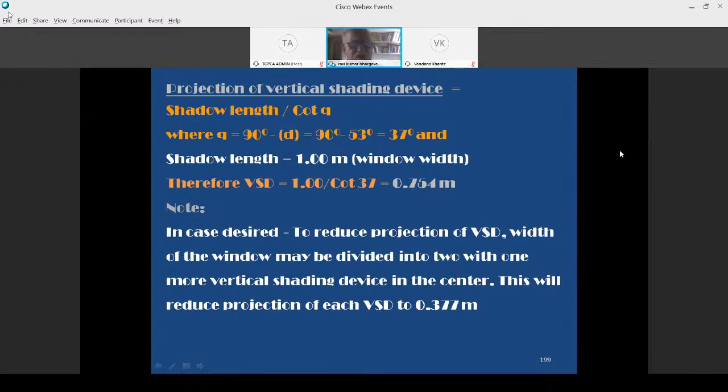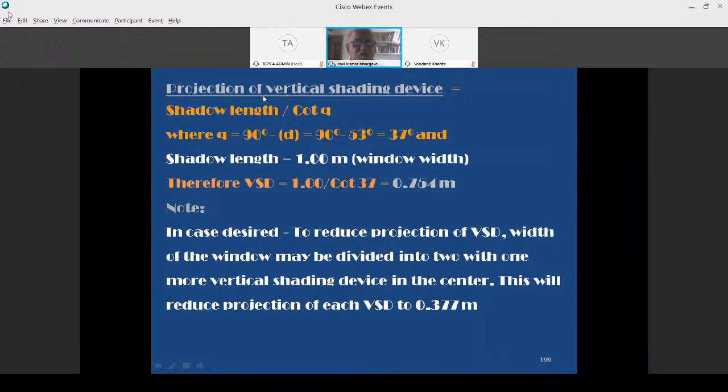That is not practically possible. Then you will have to go for other solutions, like providing vertical shading devices, or dividing the height of the window into 3-4 parts and providing smaller shading devices. The performance of the single larger shading device and the smaller ones is the same.